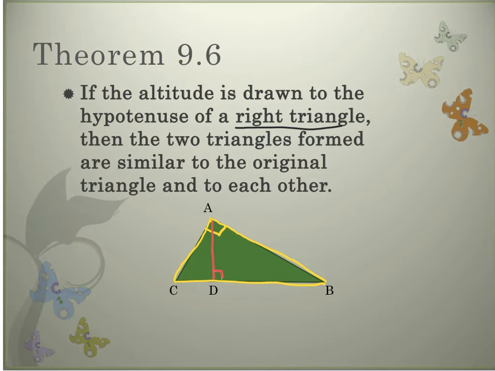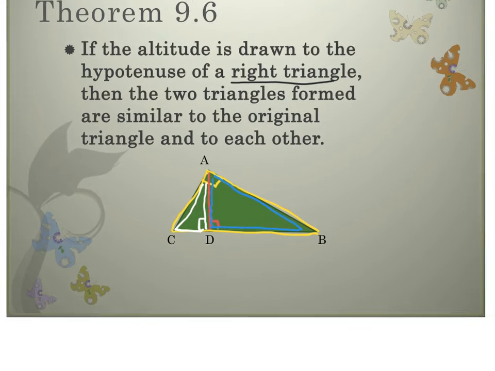I can outline this one in white. So it makes this small right triangle when I draw the altitude in there. And then I have this one over here to the right. And then I have the original large yellow one. All three of these, the white, the blue, and the yellow, are all similar triangles.